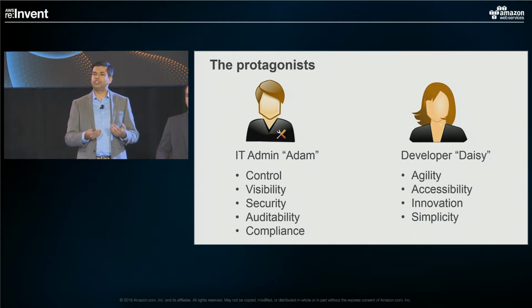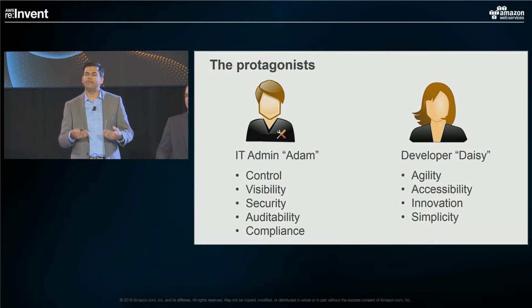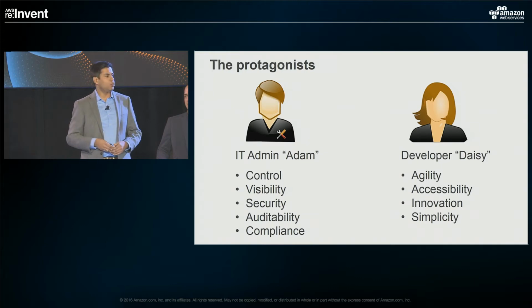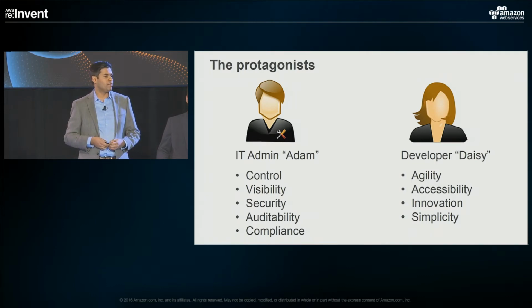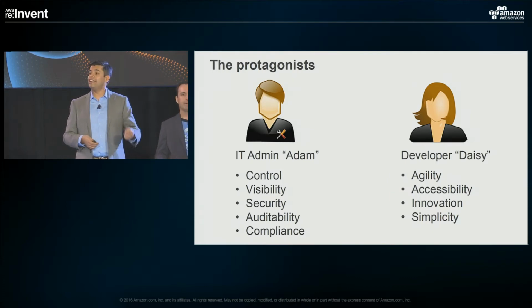Now let's switch our roles a little bit and start thinking from Daisy's perspective. Daisy, who is a developer, what does she really care about? She wants to be able to quickly access resources and services provided by AWS and use those services to iterate and develop innovative applications for her business. And she wants to do it in a simple and easy manner.